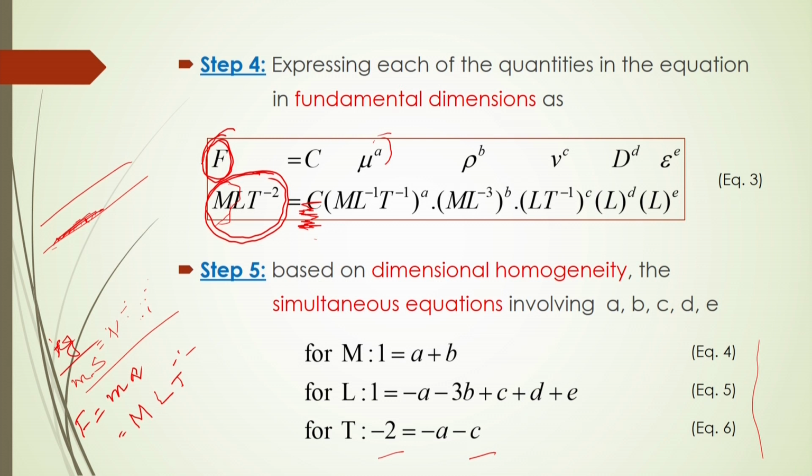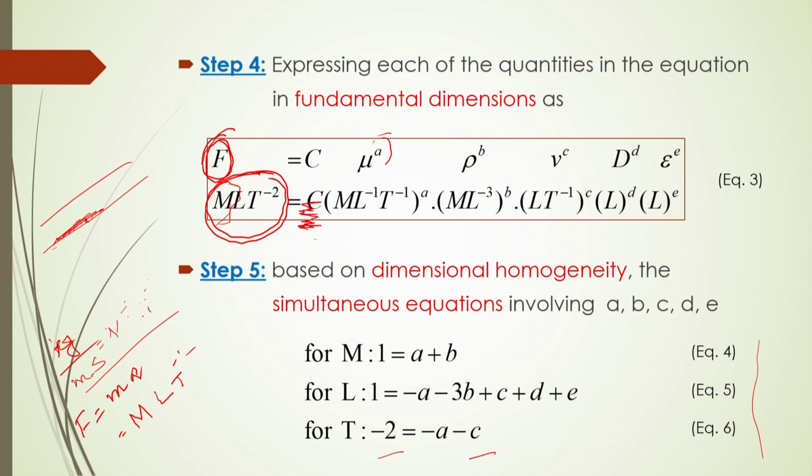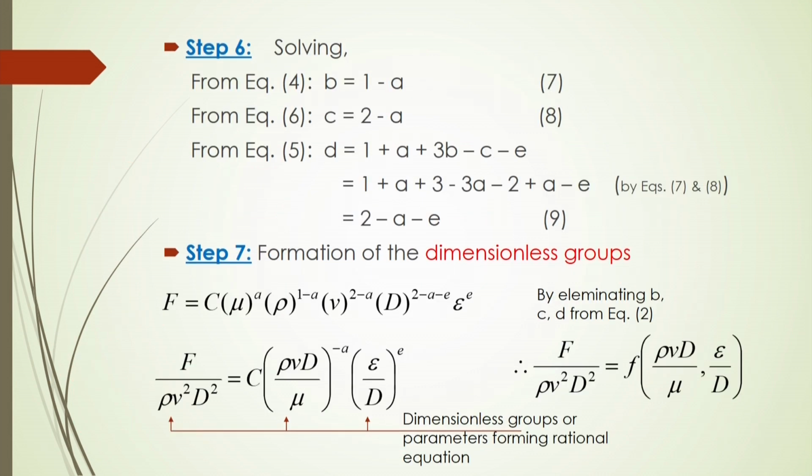Next, you have to solve these 3 equations in such a way that you express some exponents in terms of others. If we solve for b from equation number 4, then b will be equal to 1 minus a. Similarly, from equation 6 we have c equal to 2 minus a.